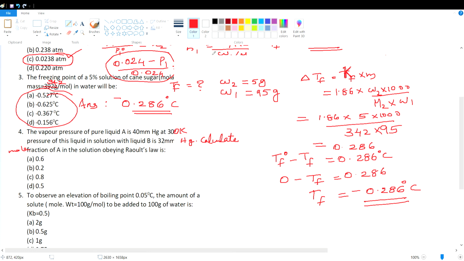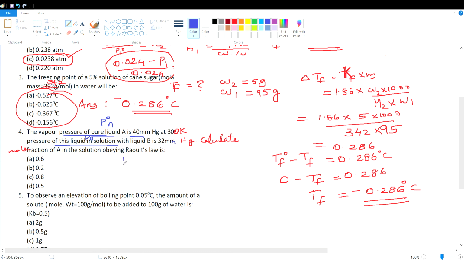So what is given here? Vapor pressure of pure A is given, P0A, 40 millimeter mercury. Now the vapor pressure of A in the solution, PA, is given as 32 millimeter mercury.